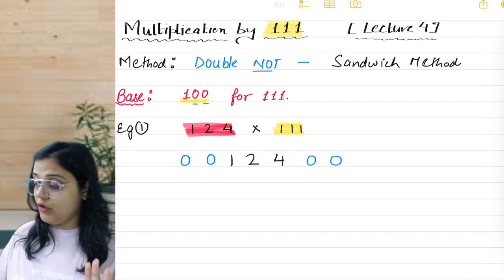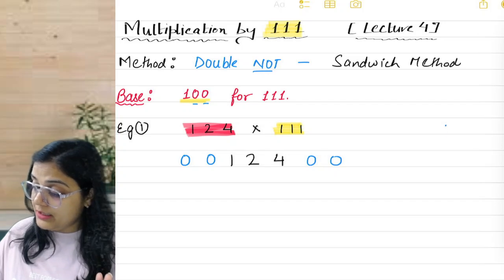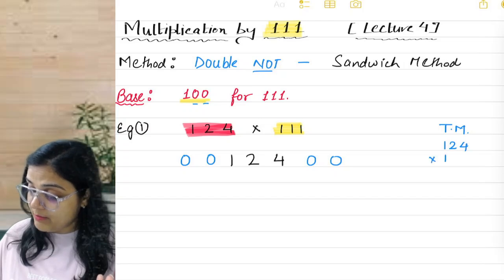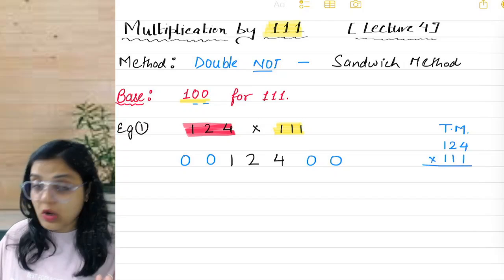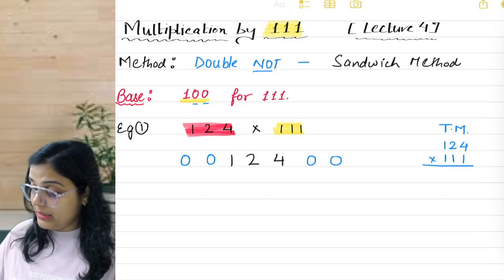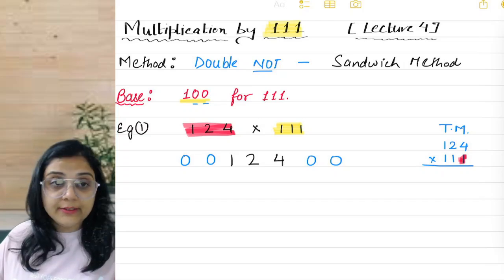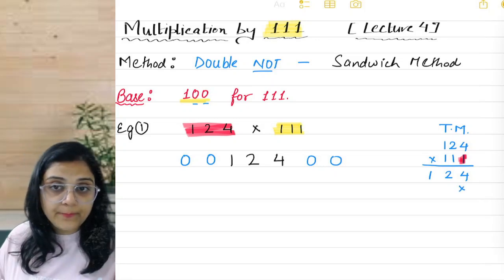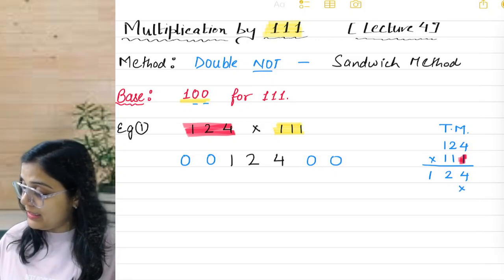Now I'm stopping here for a moment. In traditional maths, if you get a question like this, multiply this, how will you proceed? We'll multiply this first one, that I'm highlighting with red, with 4, then 2, then 1. You will put a crossover there, and then you will multiply the second one that I am highlighting with yellow.